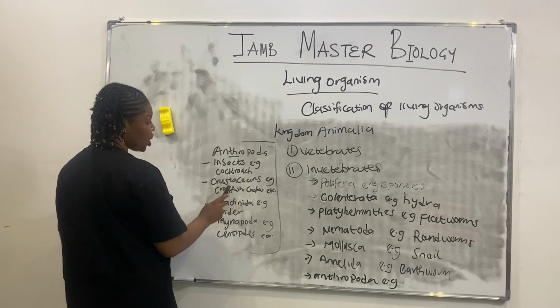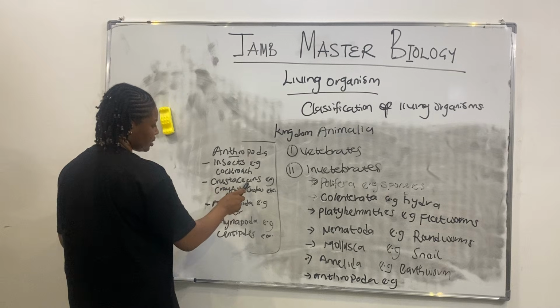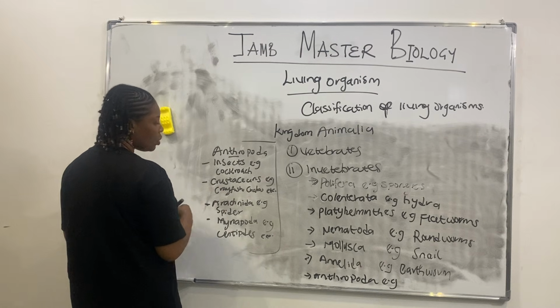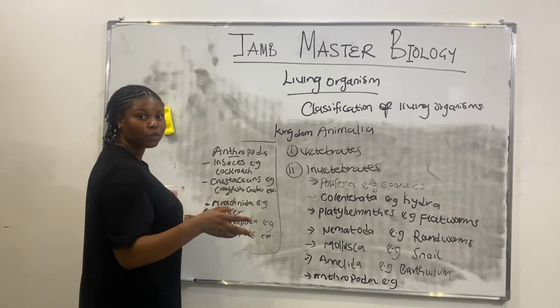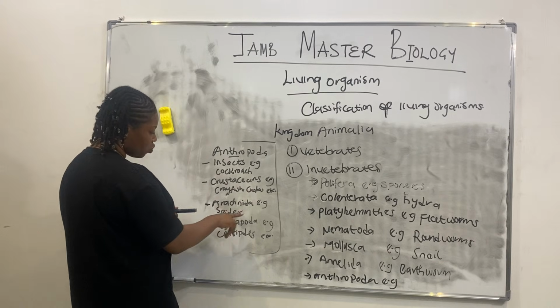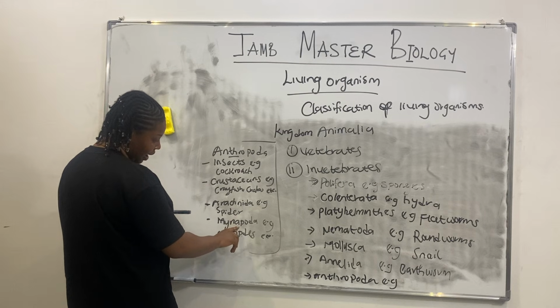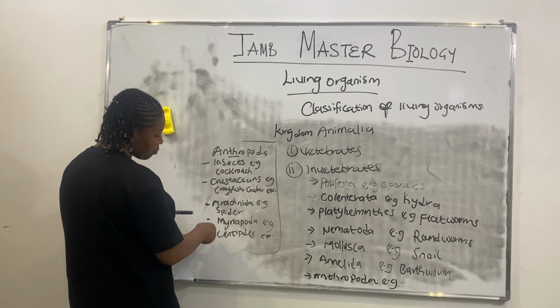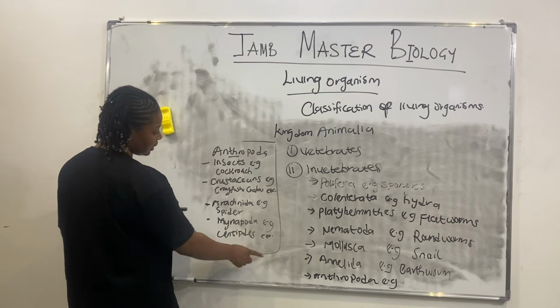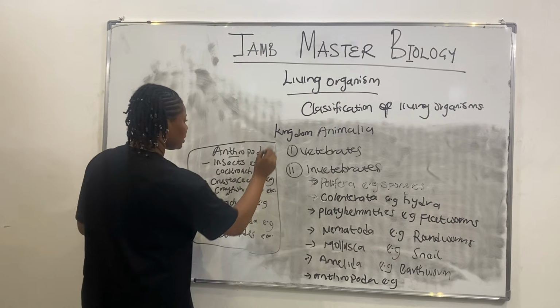We have insects, cockroach, any insect you can think about. We have the crustaceans, which are the crayfish, the crab, the prawn. We have the arachnid, spider. We have the myriapoda, which is the centipede and the millipede. So you can note this down.